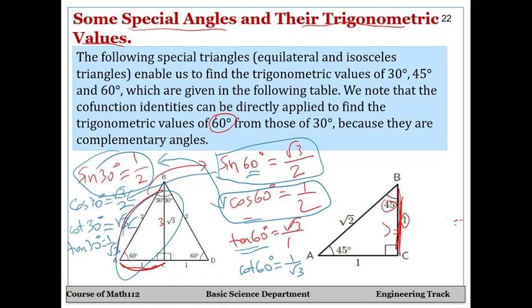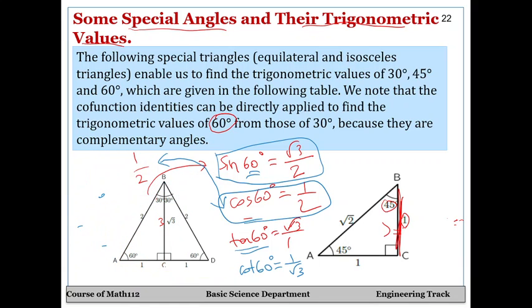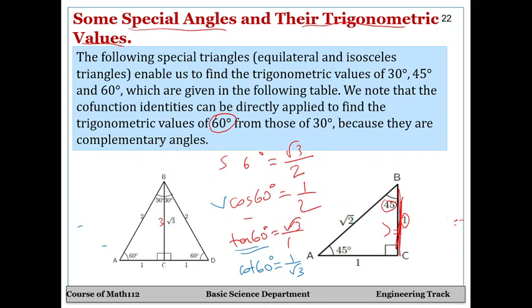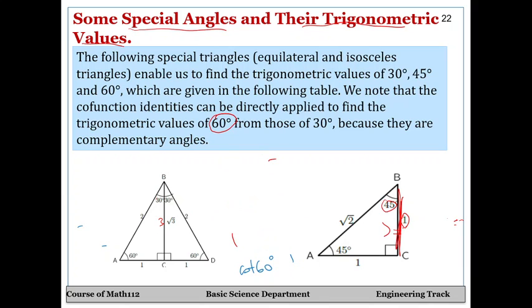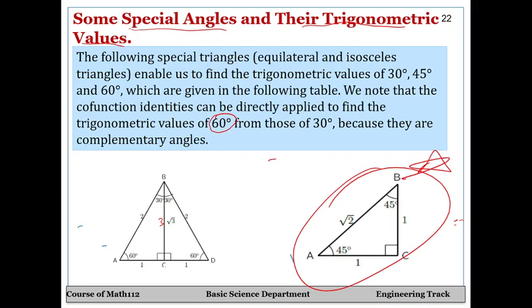briefly, what you have to know here is if you want to use these triangles to find the trigonometric values of 30, 60, and 45, just remember these triangles. This one and one of them, one of these triangles.